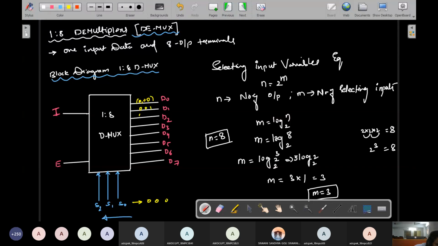Like this I'll write 0, 0, 0, 0, 1, 1, 1, 1, and then 0, 0, 1, 1, 0, 0, 1, 1, and 0, 1, 0, 1, 0, 1, 0, 1. So this is the state table.